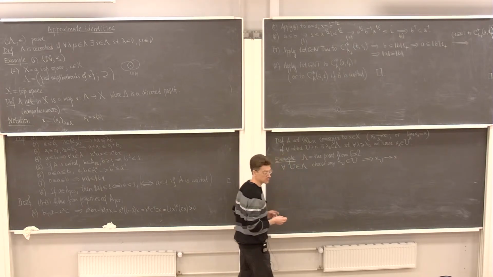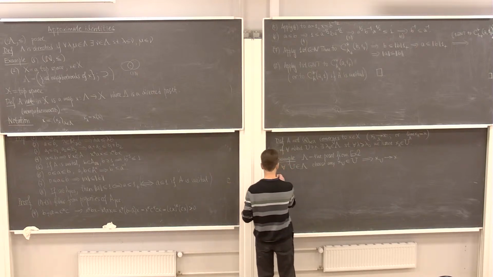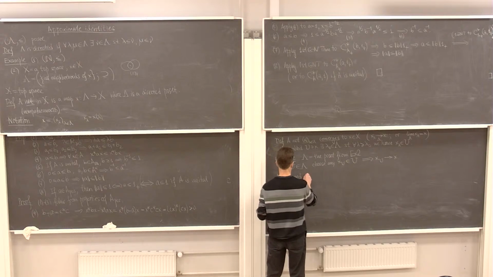Okay, let's now introduce approximate identities. From now on, we suppose that A is a normed algebra.